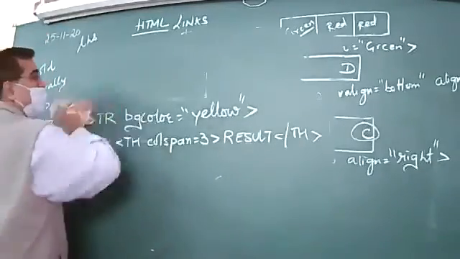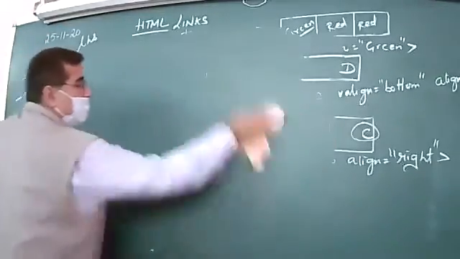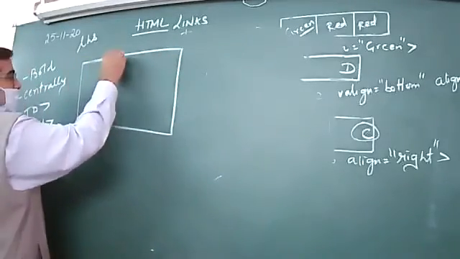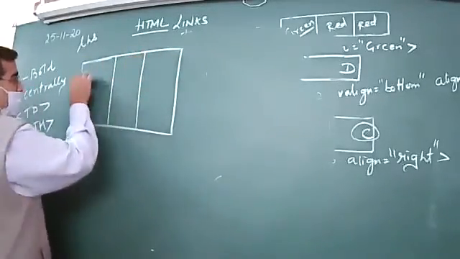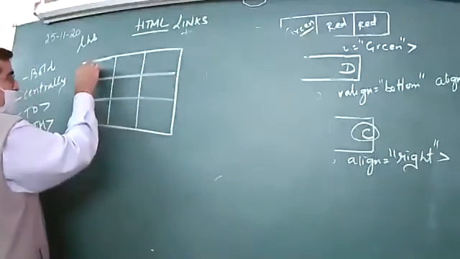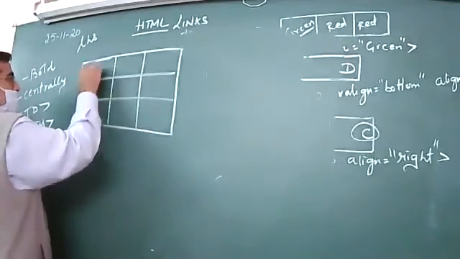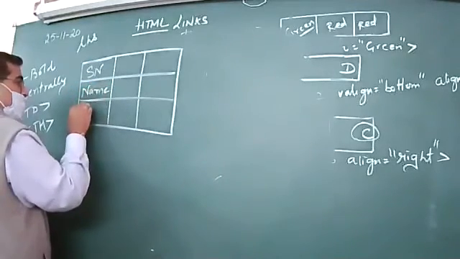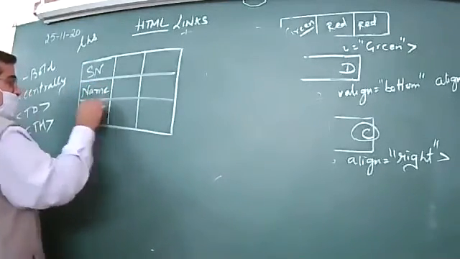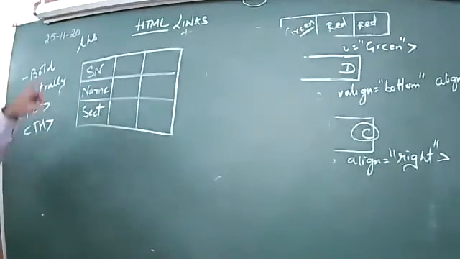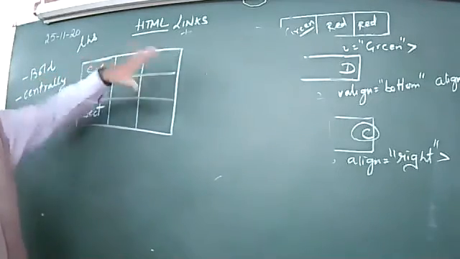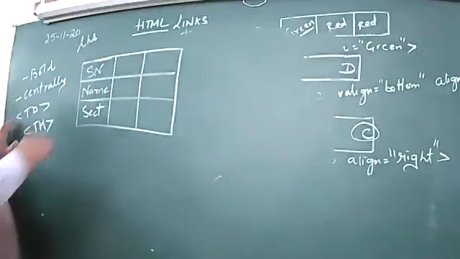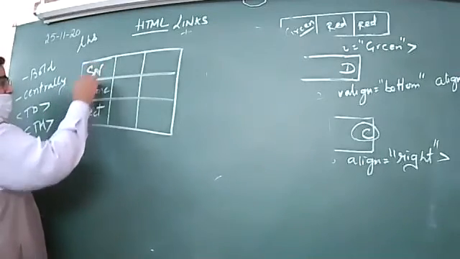Last and the final point. This is a small table I am drawing over here. Serial number, name, and section. Now I am not having a header row, I am having a header column. This is bold.